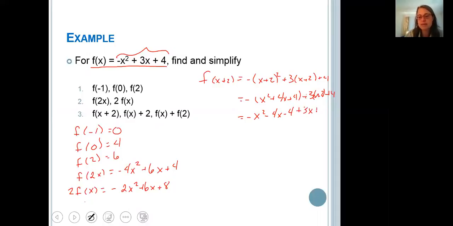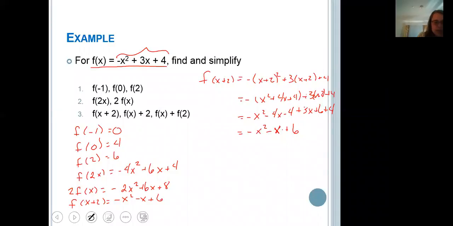So we get 3x plus 6 minus 4. Combine like terms, and we'll get negative x squared minus x plus 6. So f of x plus 2 equals negative x squared minus x plus 6. Okay?